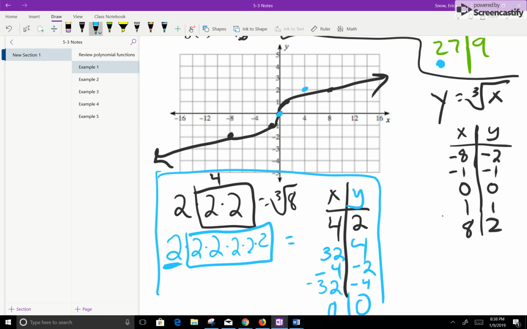And then we're going to have 0, 0, -4, -2, and -32, -4, way, way out there somewhere. So when we graph that, we see that that 2 inside again stretched our parent function up and down.